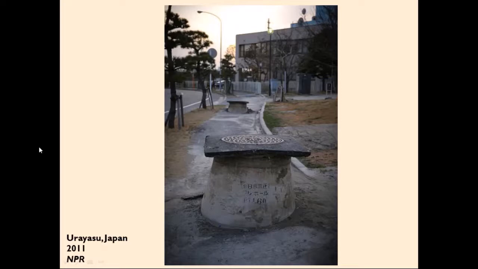2011 earthquake in Japan. Liquefaction caused these pipes with the manholes on them to suddenly become buoyant in the shaken water saturated soil, and they just rose out of the ground.